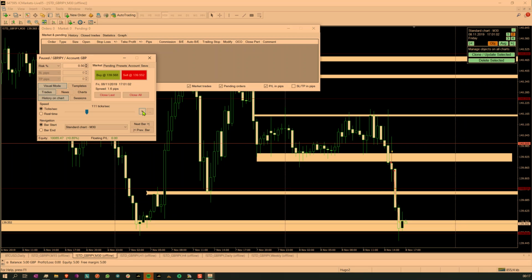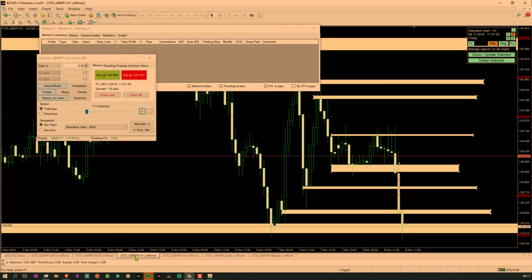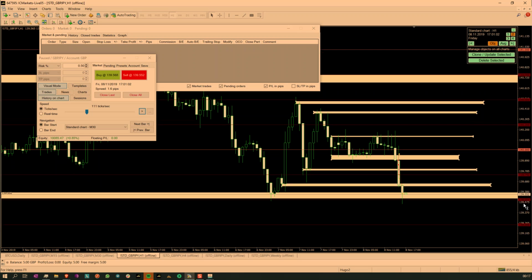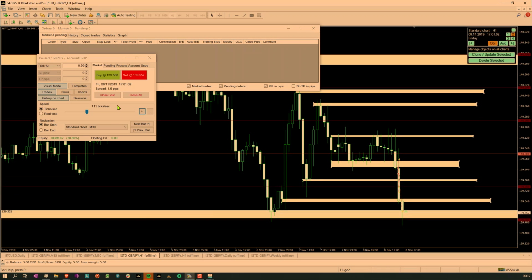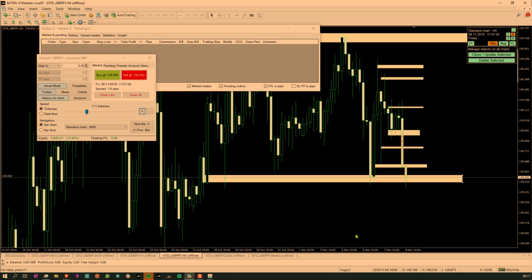Okay, 30 minutes absolute bullish. Also, the 1 hour absolute bullish, wasn't it? Yeah, this is a bullish close. I need to take this zone out of here. I like to see the candle. Delete. Does it delete in the other one?